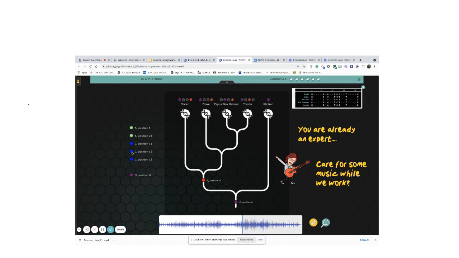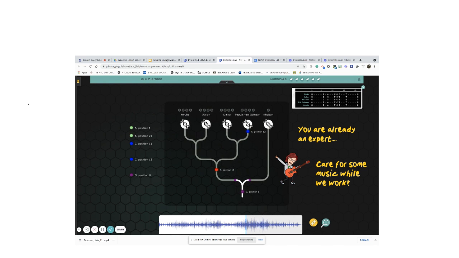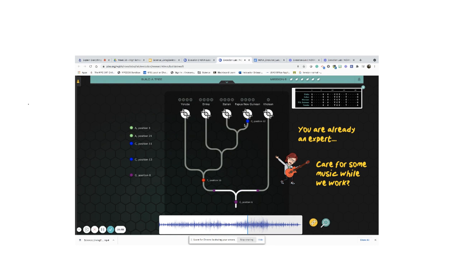So C on position 12 seems to be only available for Italian and Papua New Guinean. It also seems that only Italians have a G on position number 8.